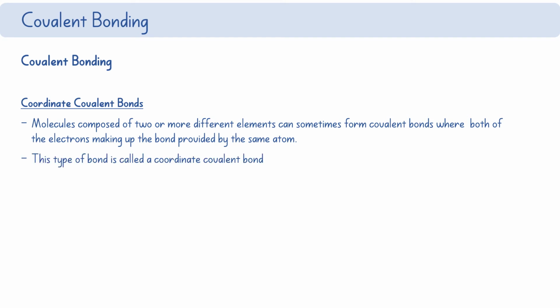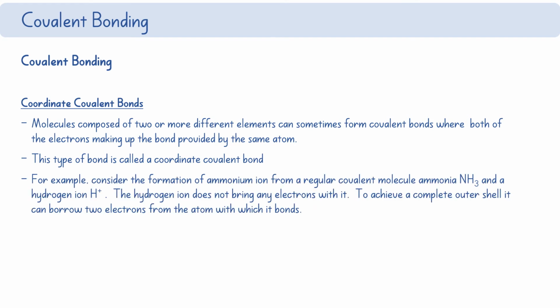This type of bond is a coordinate covalent bond. For example, consider the formation of the ammonium ion from a regular covalent molecule, ammonia, which is NH3, with a hydrogen ion, H+.